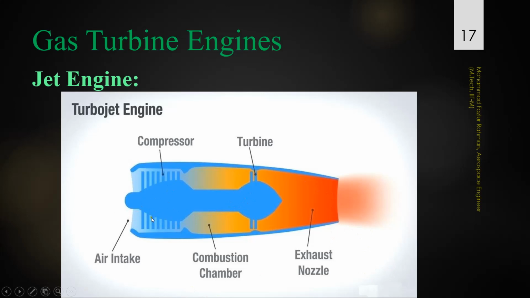We don't want to go into the details right now, why we have stages in the compressor and in the turbine, that's a separate discussion. So the intake is there, then the compressor compresses the air, then combustion happens in this area, and then the hot gases are passed to the turbine, and after this they pass through the exhaust nozzle and thrust is generated.